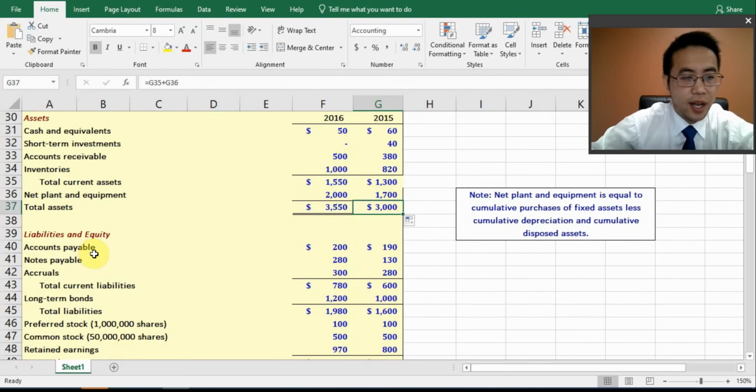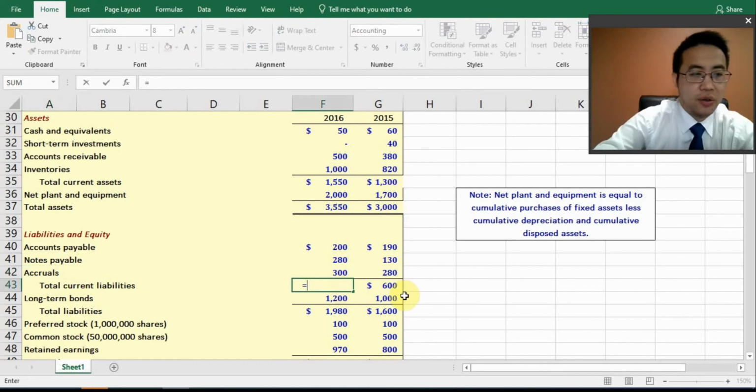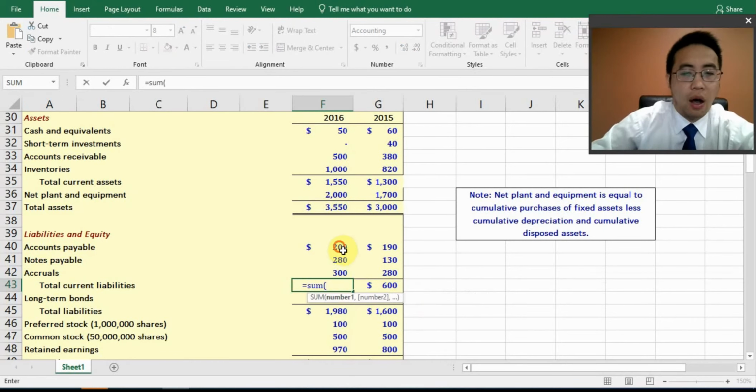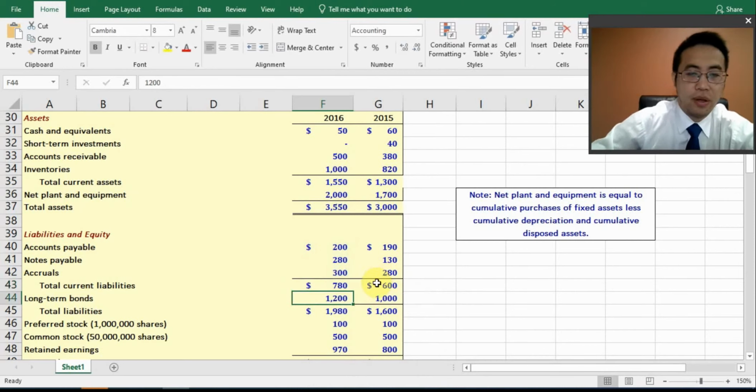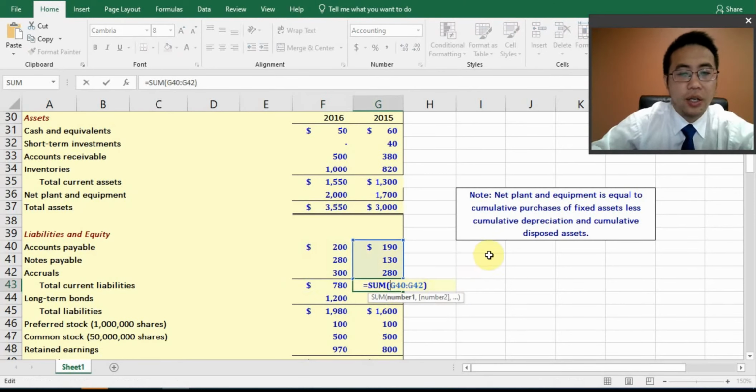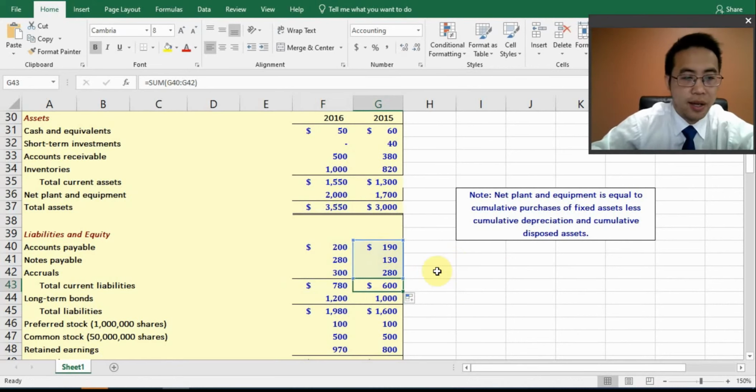That includes accounts payable, notes payable, this is a financial security, and accruals, that's about unpaid bills, rent, wages. The total current liabilities is the summation of all these three. All right, hit enter and then drag it by one column to the right. You can see the formulas are plugged in there.